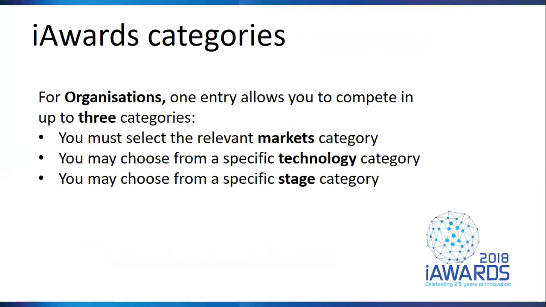So for organisations, as I mentioned, you can enter up to one of three categories, and we'll go through the breakdown of the categories. So we've got three subgroups. You must enter the relevant market category.